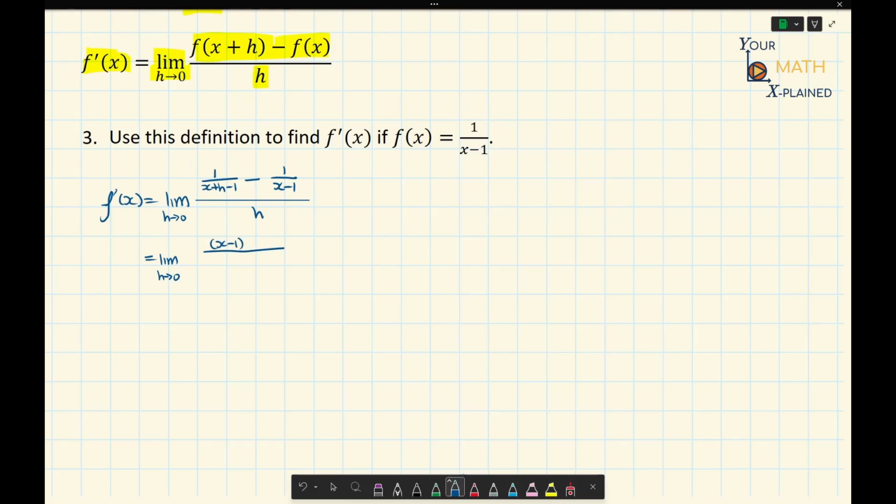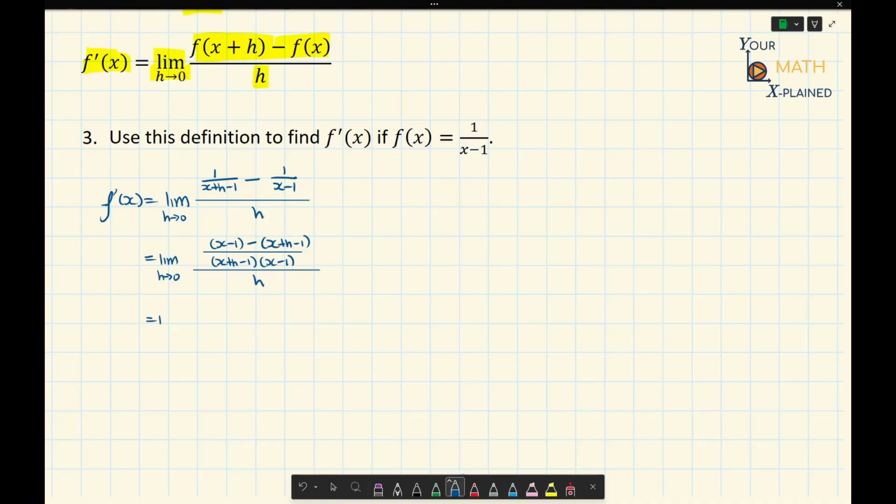And then our second fraction, we're going to multiply that by (x plus h minus 1). So that becomes minus (x plus h minus 1). And then now they have the common denominator of (x plus h minus 1) times (x minus 1). And this is still all over h.